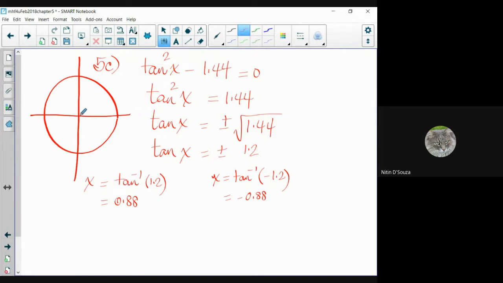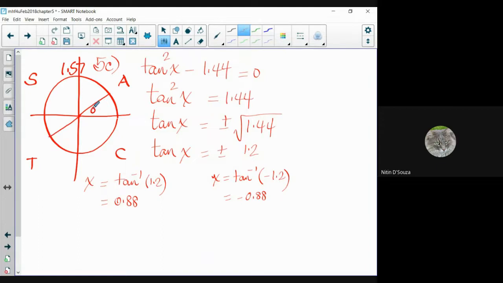so 0.88 would be somewhere over there because it's between 0 and 1.57. So we've got C, A, S, T. That means tan will be positive in that quadrant. It will also be positive in this quadrant, right? So here's my other side.